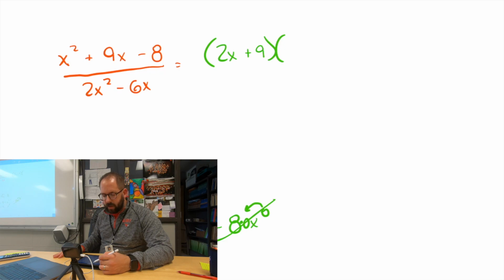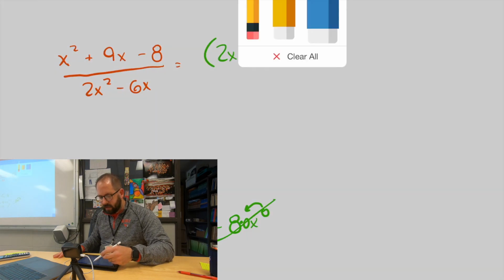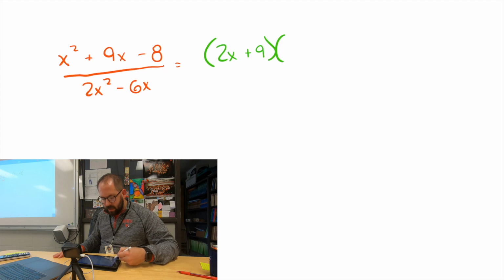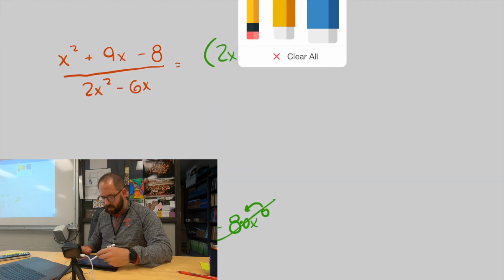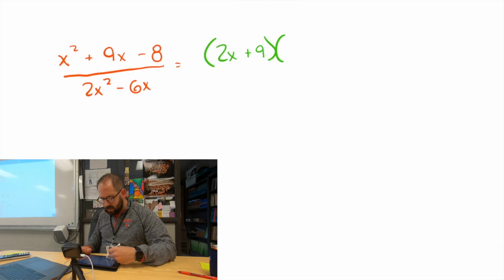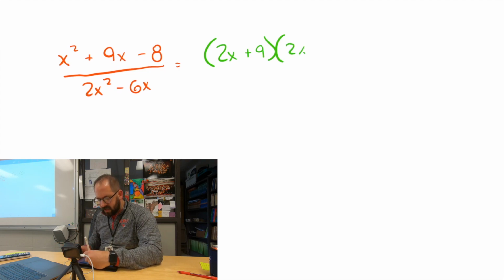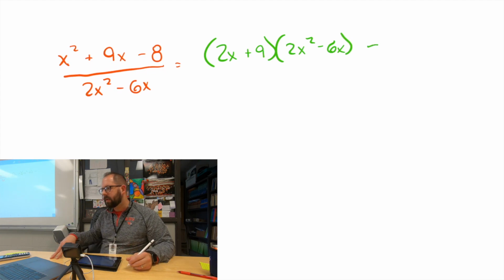So now, we're still not finished yet. Okay, so now times the bottom, so this is 2x squared minus 6x. Because again, remember, it's the derivative of the top times the bottom, minus the derivative of the bottom.